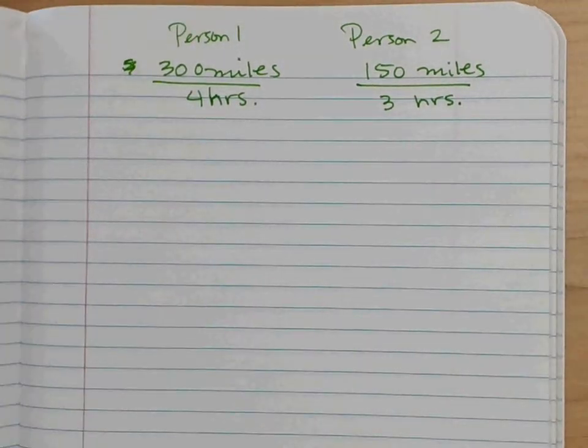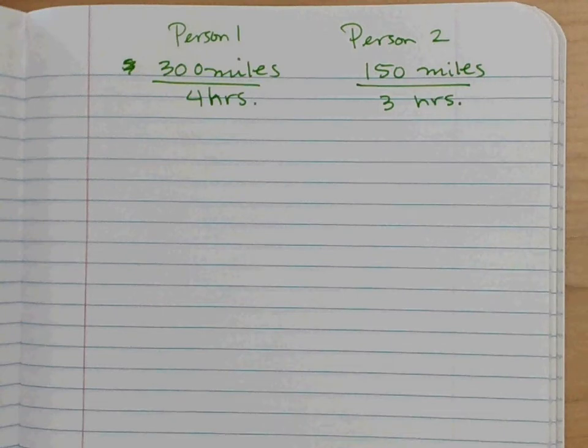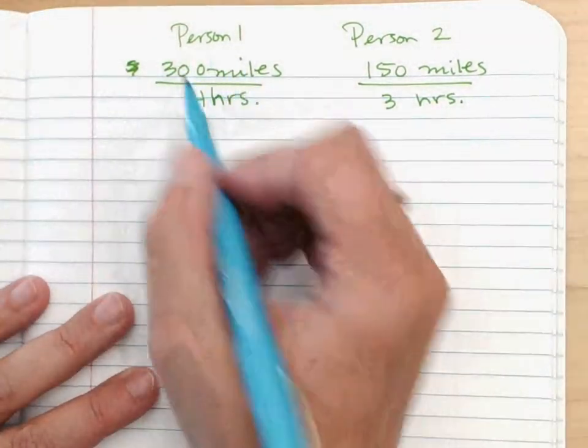Now right away you might be able to tell who drove faster, but again, this is another example of when we might want a unit rate. A unit rate will tell me how many miles per hour they went.